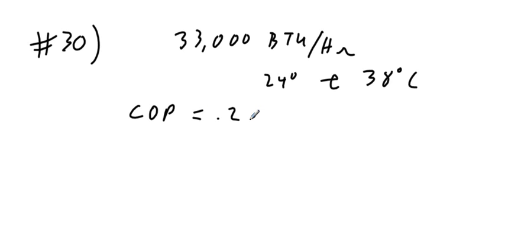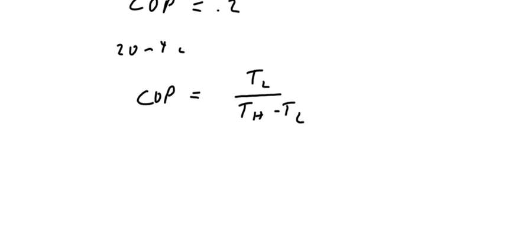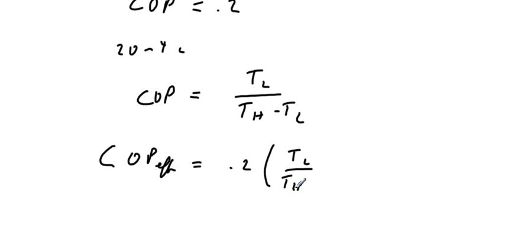Okay. So for an ideal gas, equation 20-4-4C, TL divided by TH minus TC. And so my effective coefficient of performance is 0.2 times TL over TH minus TL.